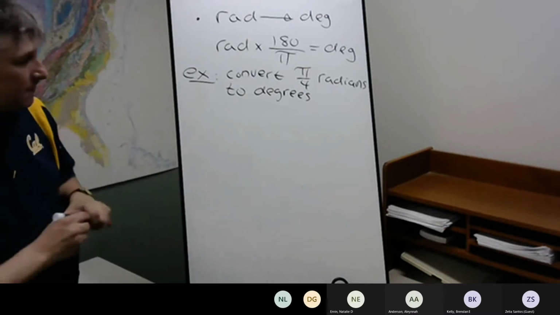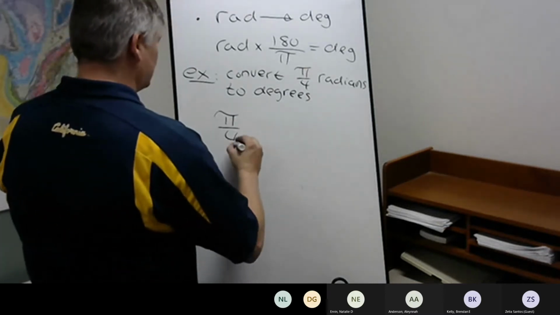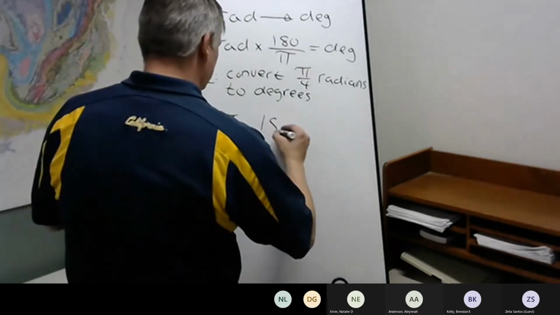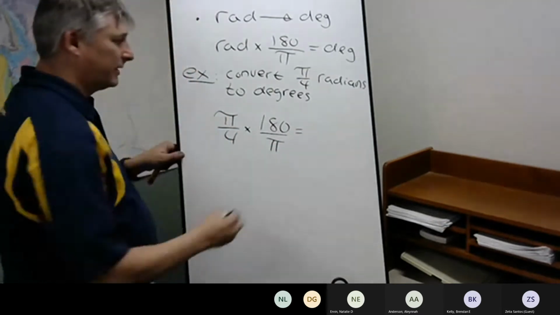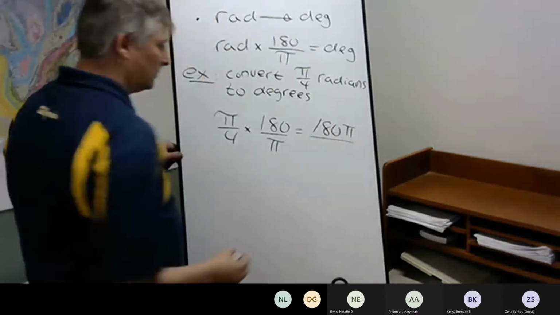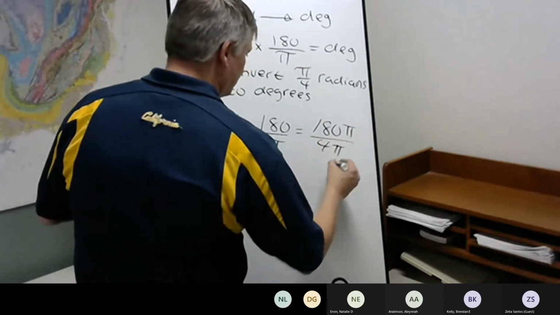So take our radians, multiply by 180 over pi. We'll get 180 pi over pi times 4, 4 pi.